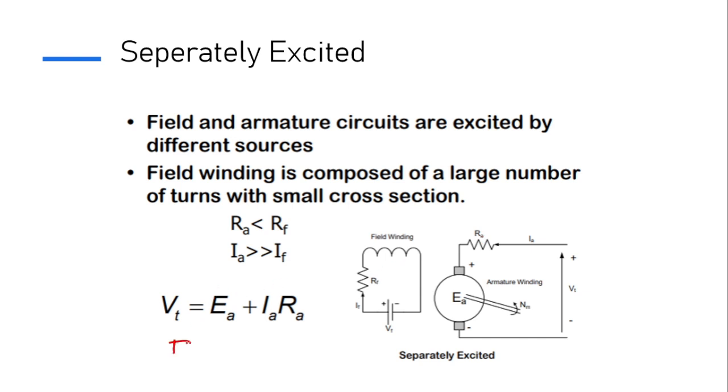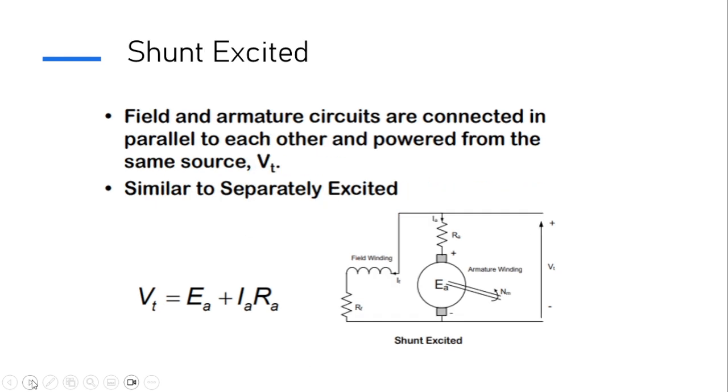So you end up with EA equal to VT minus IA RA. You will be seeing this equation a lot. But separately excited: two separate sources to power your field winding and your armature winding, right? That's basically what it means.